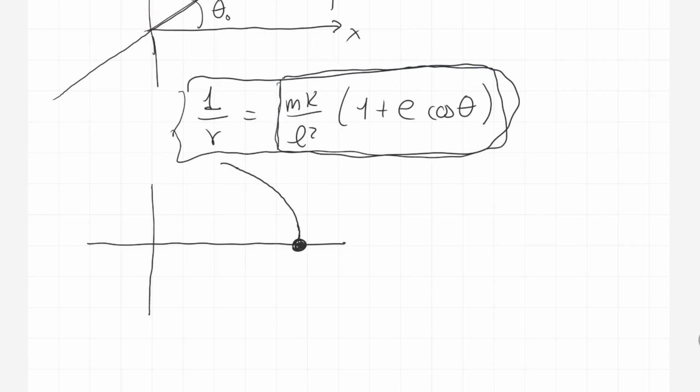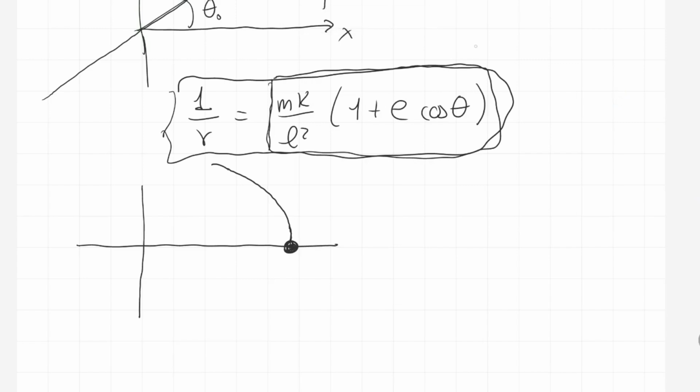To make that possible, we need cosine theta equal to 1. That means that theta is going to be equal to 0. If cosine theta is equal to 1, then theta is equal to 0.